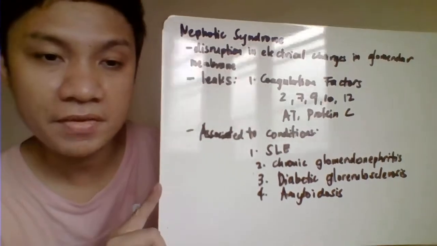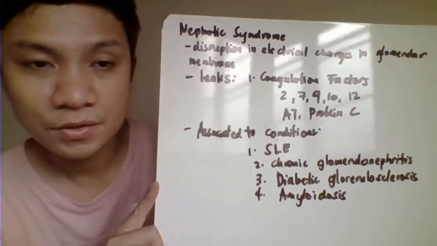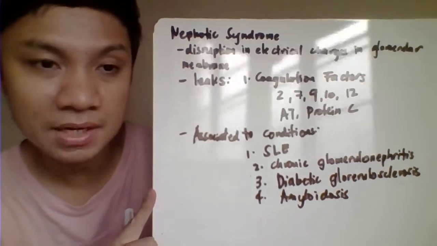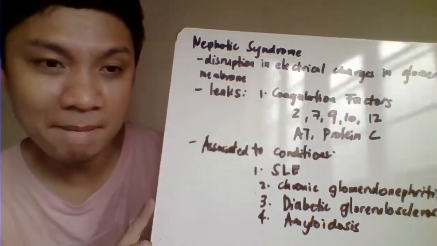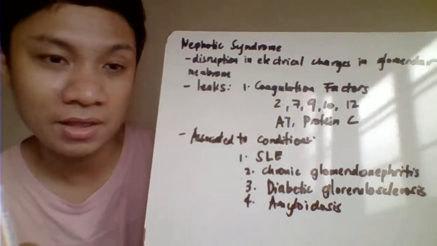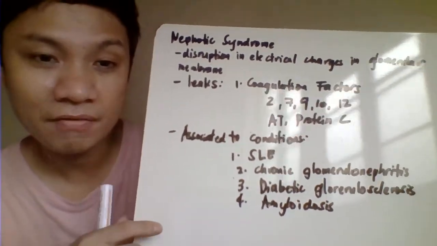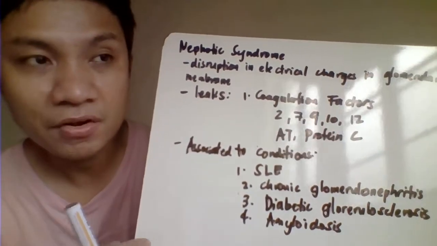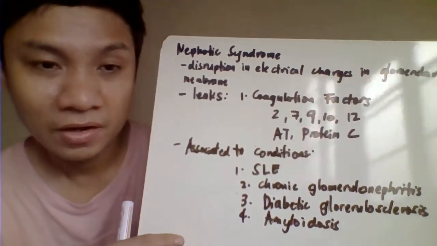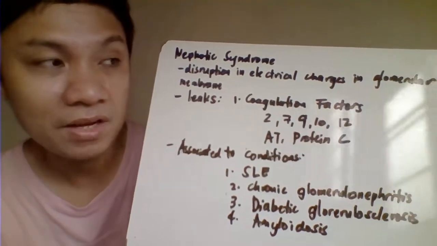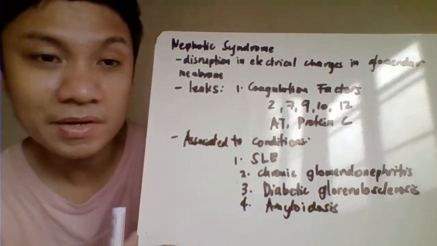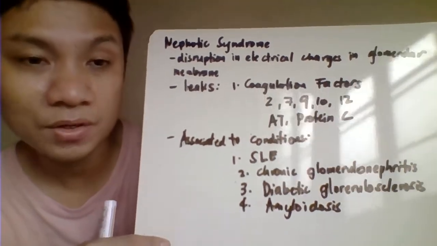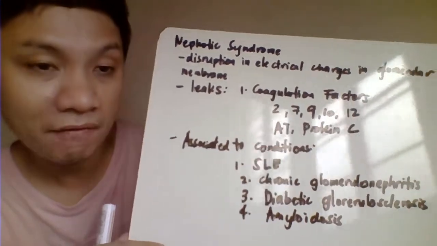Okay, another one, we have here your nephrotic syndrome. Nephrotic syndrome is basically because of the disruption in the electrical charges in our glomerular membrane, which eventually leaks out all your coagulation factors. Actually, not only your coagulation factors ang lumalabas, but even your lipids and other amino acids, which eventually results in the decreased concentration of our coagulation factors, resulting in the bleeding manifestation.